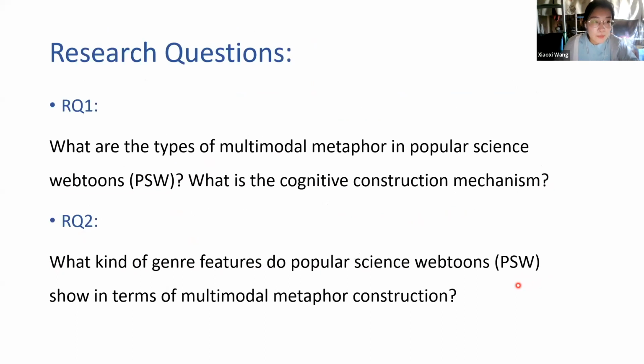In this part of the research, I'm going to concentrate on two research questions. The first one is, what are the types of multimodal metaphor in popular science webtoons, and what is the cognitive construction mechanism? The second one is, what kind of genre features do popular science webtoons show in terms of multimodal metaphor construction?